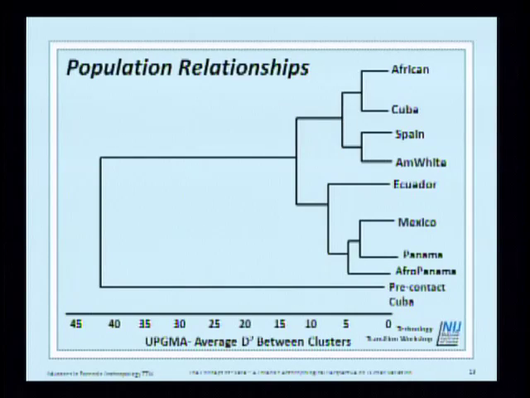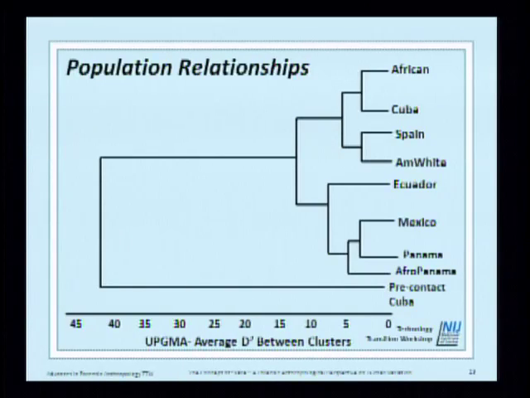We compared different groups from the Americas with African Americans, with European Americans, from the Terry collection and the donated collection, from Panama, Mexico, and then we had Afro-Antillean Panamanian, more of an African mixture. Panama has a unique history where you have a lot of indigenous populations in certain parts of Panama.